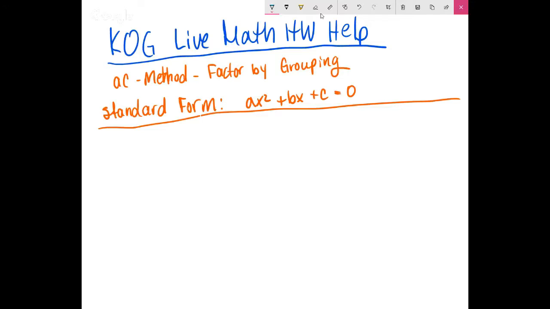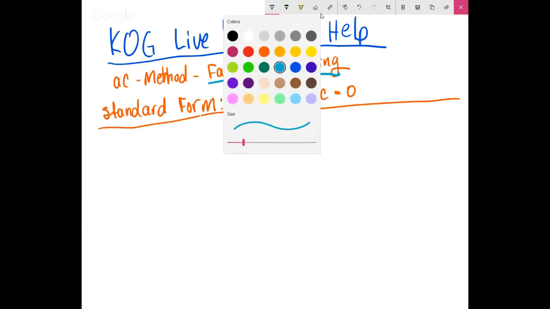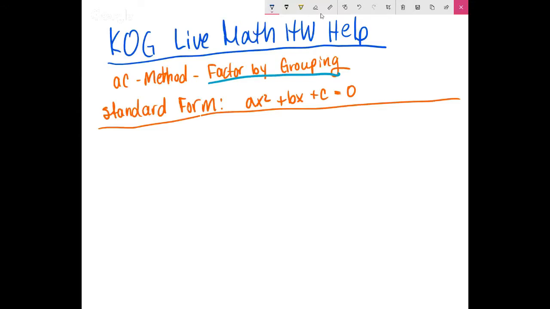Okay, so we're factoring by grouping again, which is the same as the AC method. Same thing if you ever see them. Let's use a different color this time. So let's do 2x squared minus 3x minus 35 equals 0.